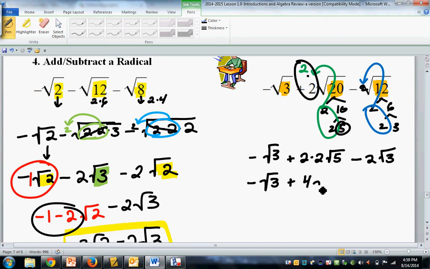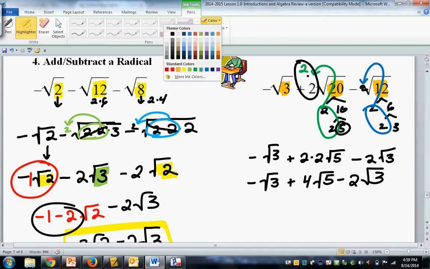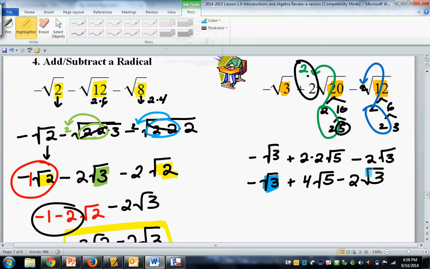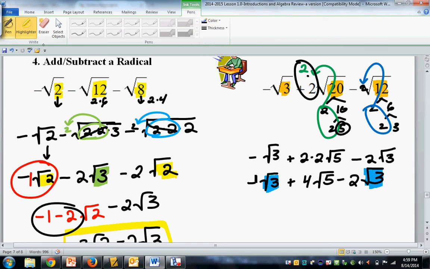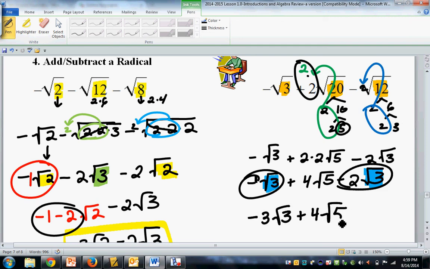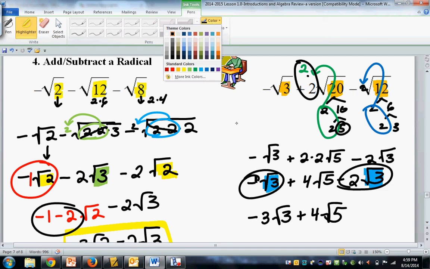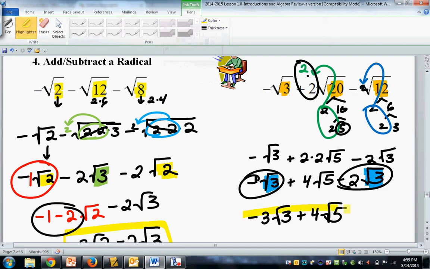So it's negative square root of 3 plus 4 root 5 minus 2 root 3. Now we want to collect like terms. And my like terms here are the root 3's. So I have negative root 3 minus 2, so that's negative 3 root 3 plus 4 square root of 5. These are not like terms, so we are done. That is your answer.